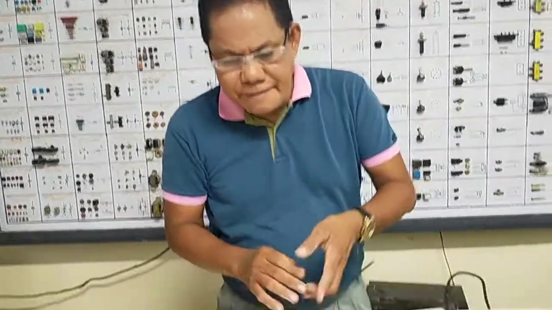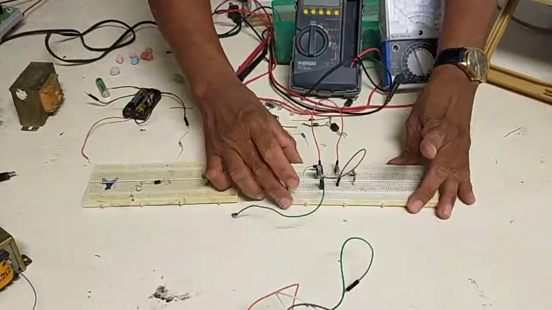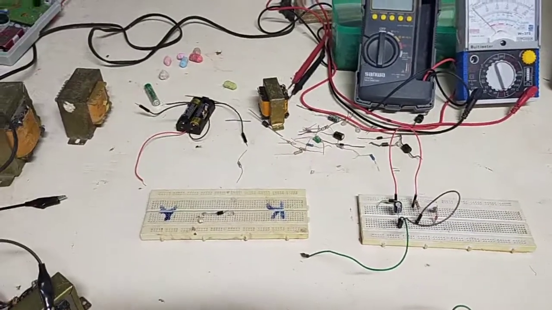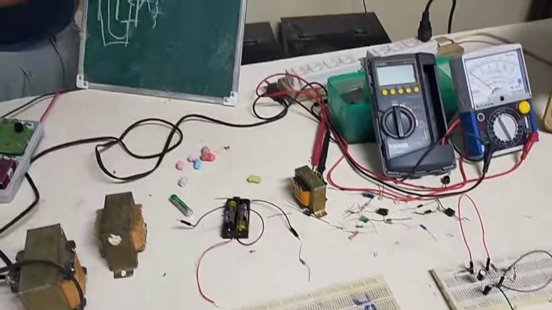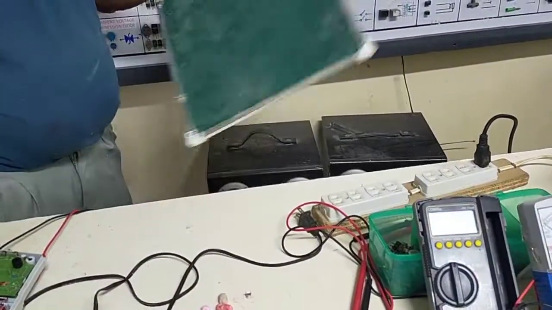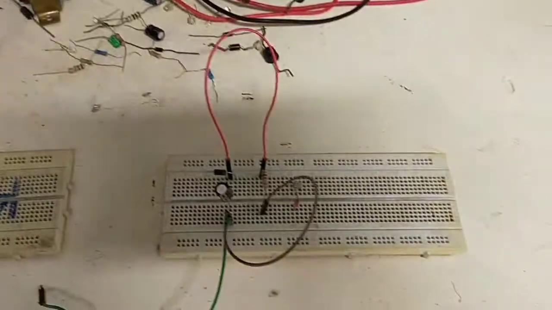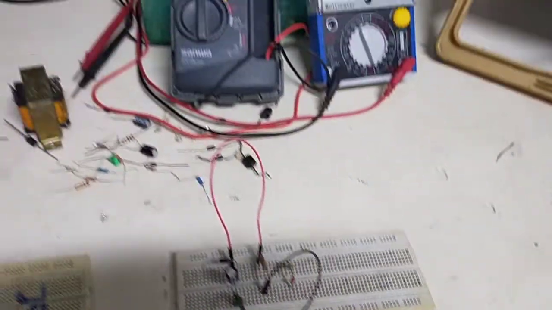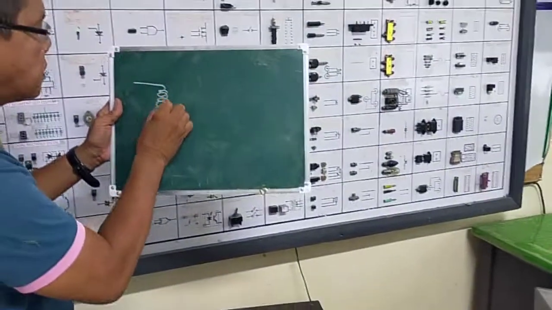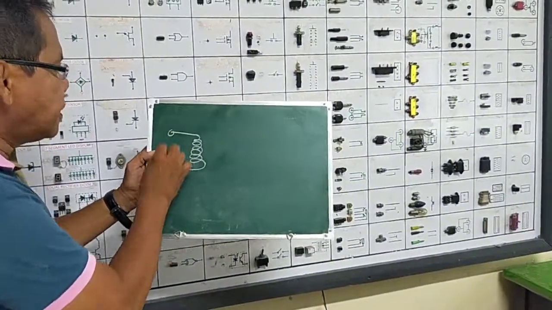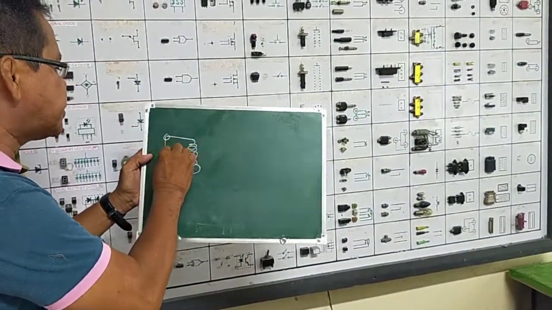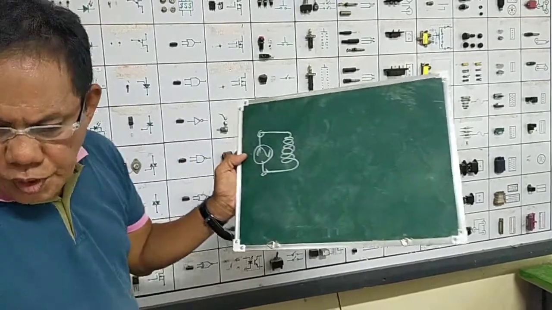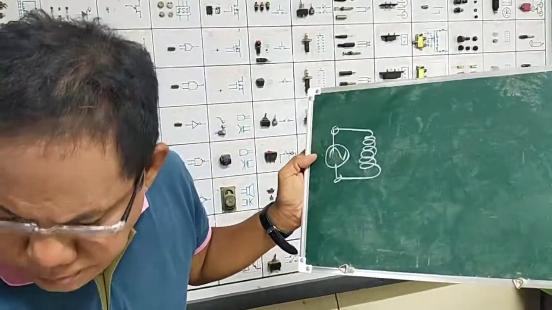Okay, we have here a simple rectifier circuit for half-wave. We have here a transformer. Primary is connected to the AC source.